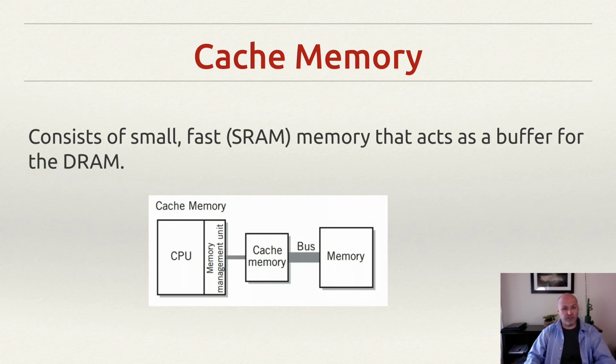Remember, that's that transistor-based in silicon faster memory technology that acts as a buffer to the slower DRAM. So remember, we said our DRAM may be, I'm going to just use one example here, let's say we have a pretty well optioned computer and it has 32 gigabytes of RAM.